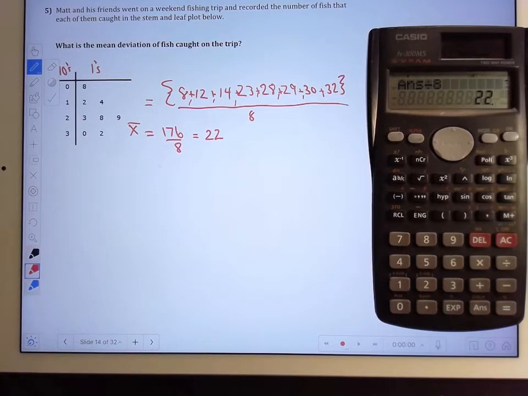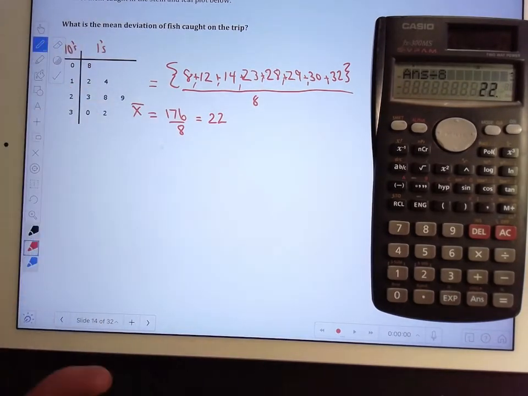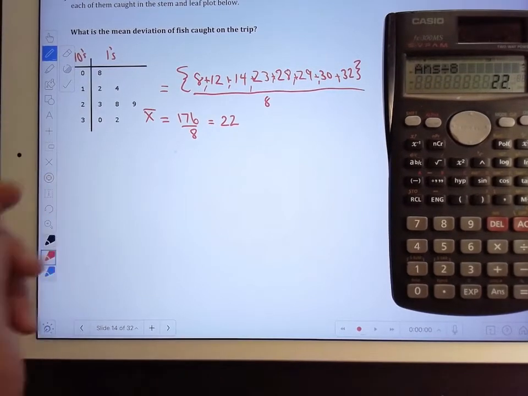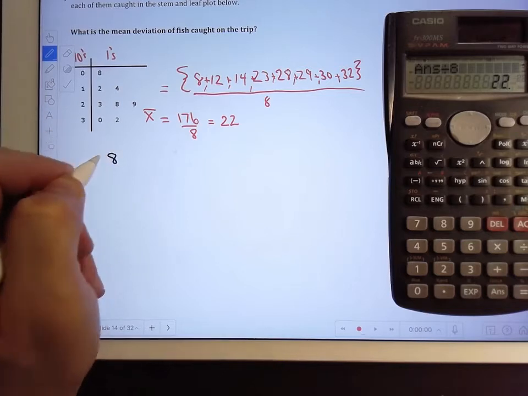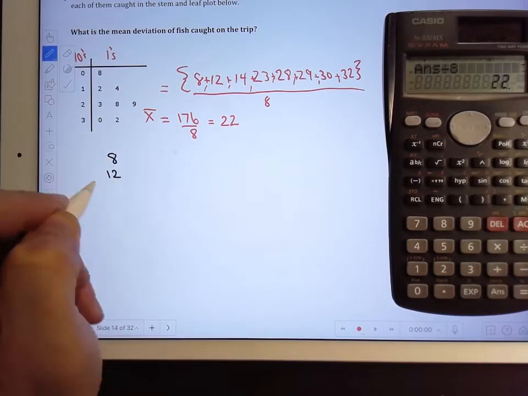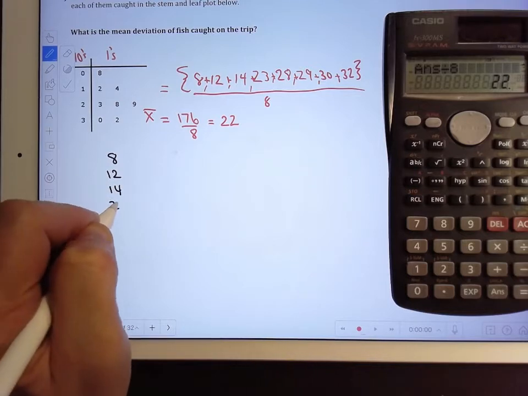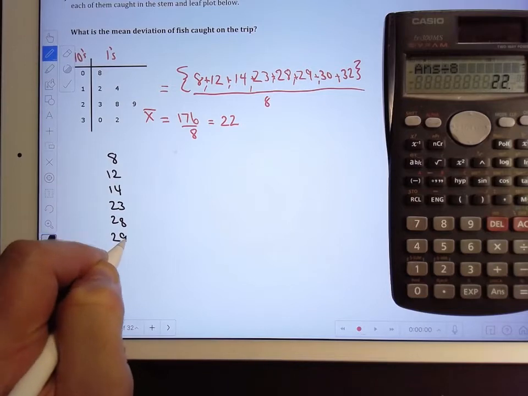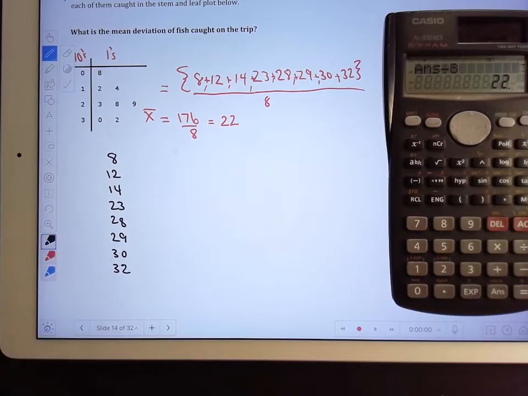And we want the mean deviation now. So once again, we're going to list out the numbers, and we'll do the differences and turn them into positives, and then get the average of that set of differences. So 8, 12, 14, 23, 28, 29, 30, and 32.